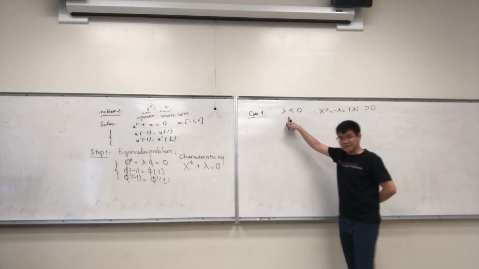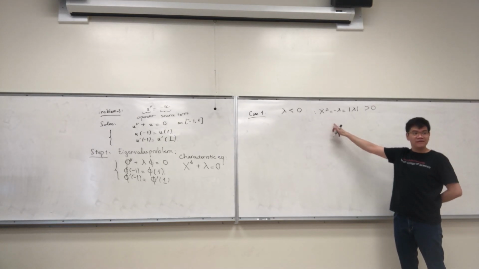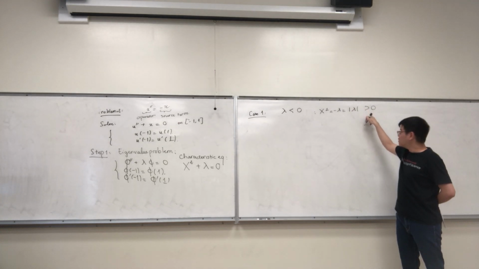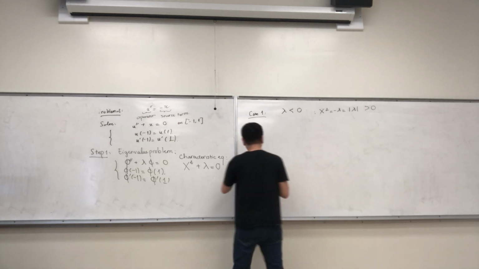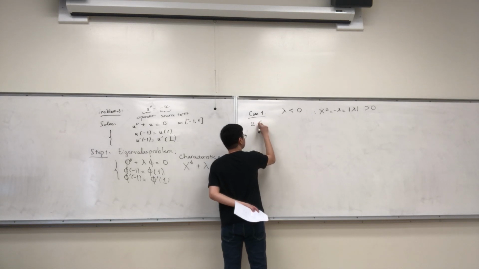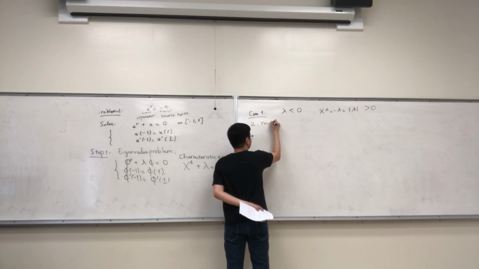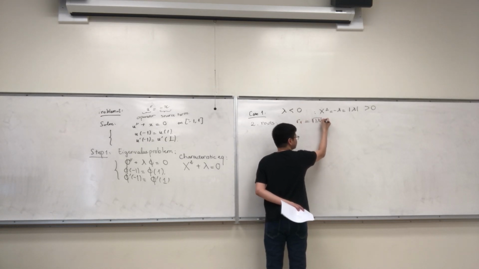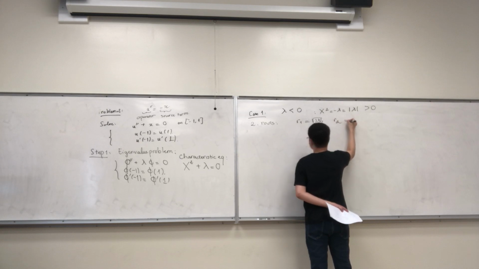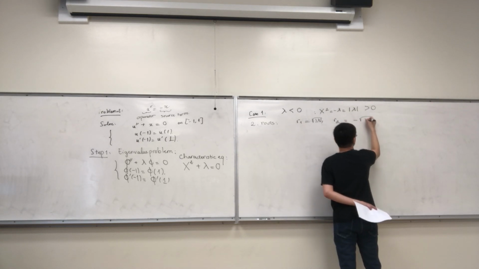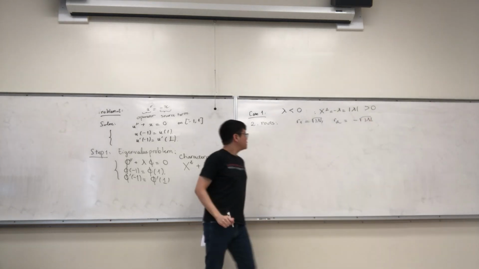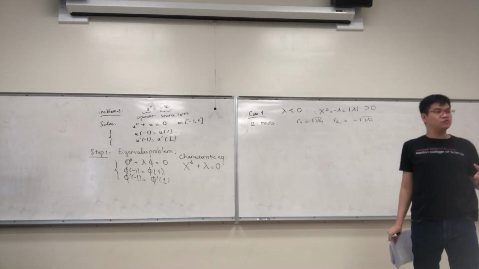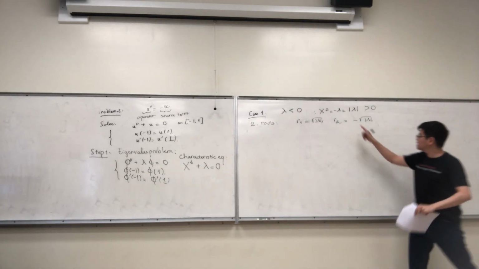So case number 1, lambda is negative. When lambda is negative, you have x squared is minus lambda, which is also the absolute value of lambda. Now you're going to have two roots: r1 is the square root of the absolute value of lambda, and r2 is minus the square root of the absolute value of lambda.